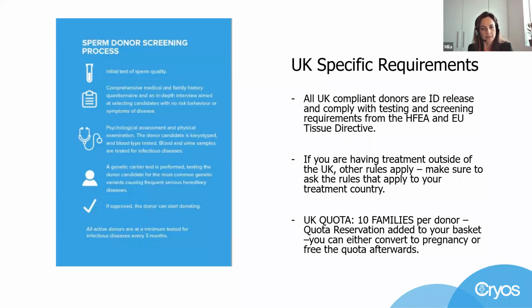If you get pregnant, you can convert that quota to a pregnancy, and you can continue to use the donor for siblings. If you don't want to continue treatment with a donor, you can go into the website and we will refund you for the price of that quota, so that you can release it, and the place in those 10 families is empty again. Does that make sense?